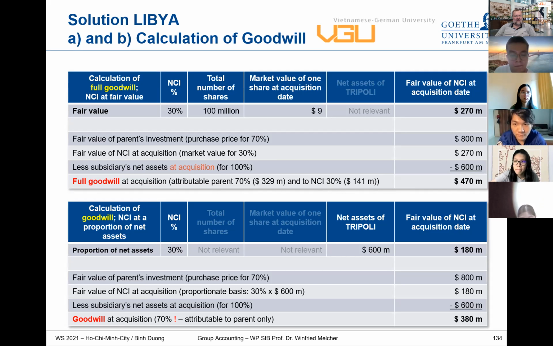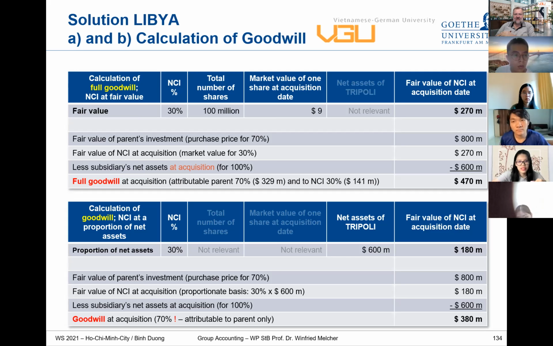What do the others think? Both. Depend on, do we have the share price or not? Well, yes, of course. We can only go for the proportion of net assets method when we don't have a fair value.